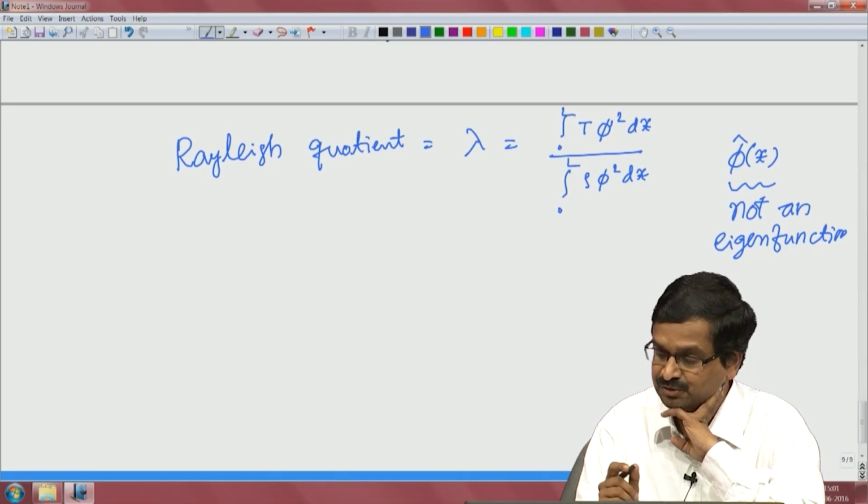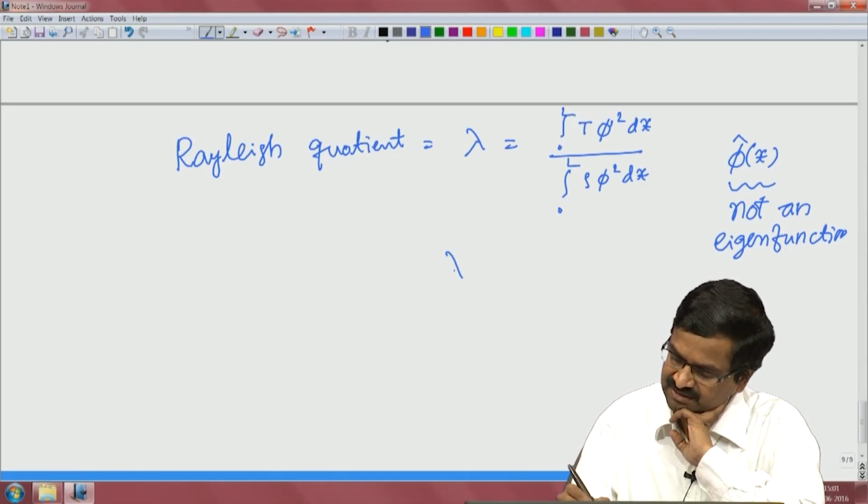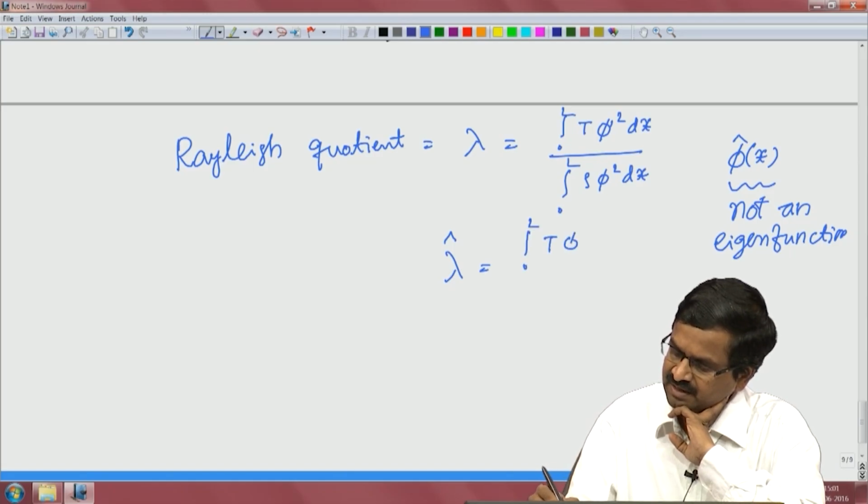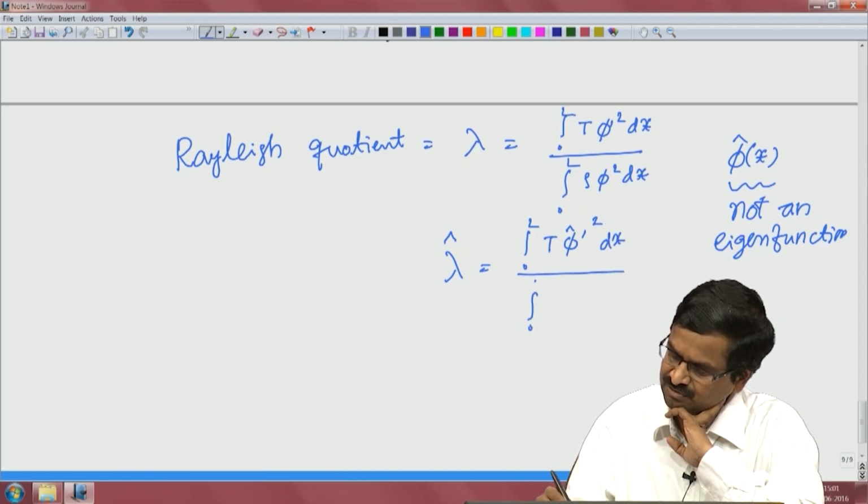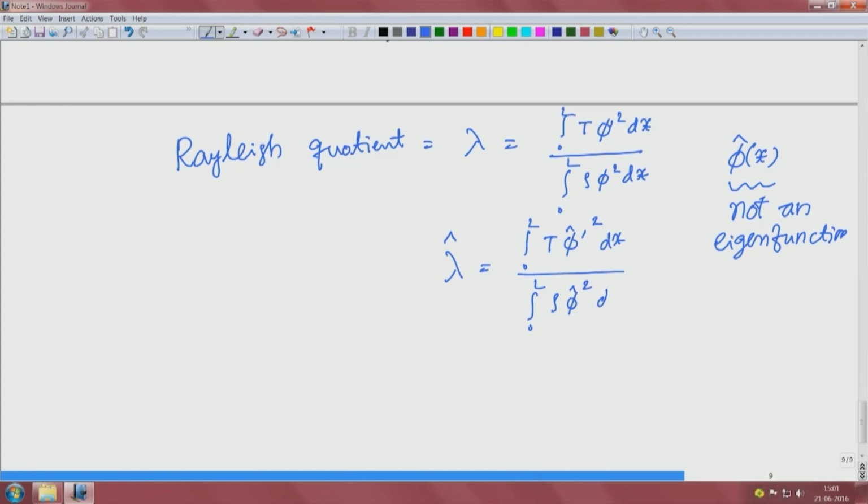Even then, when I get this lambda hat value, the integral 0 to L of T phi hat prime squared dx divided by the integral 0 to L of rho phi hat squared dx.